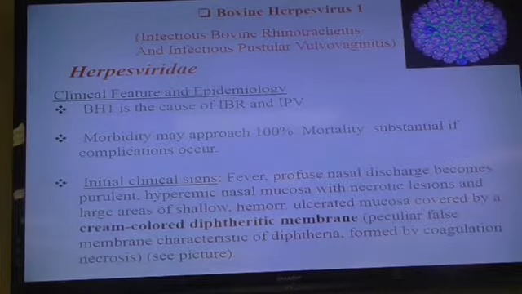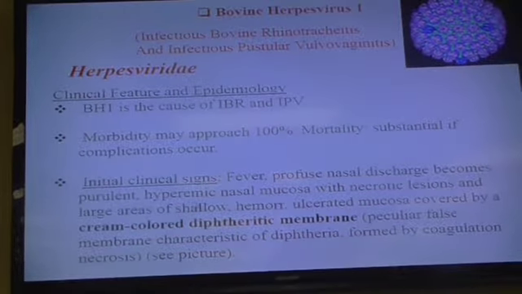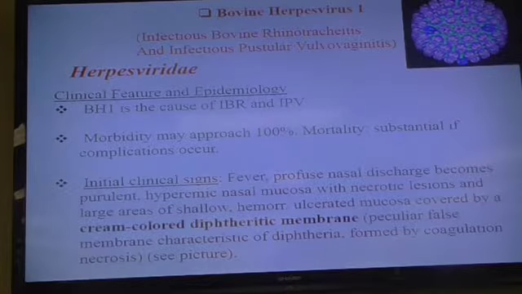So the initial clinical signs are the signs associated with most respiratory diseases. You have the profuse nasal discharge, which becomes permanent if complicated with bacterial infection. Now, why do you think the nasal mucosa becomes hyperemic? Why does it have hyperemia?